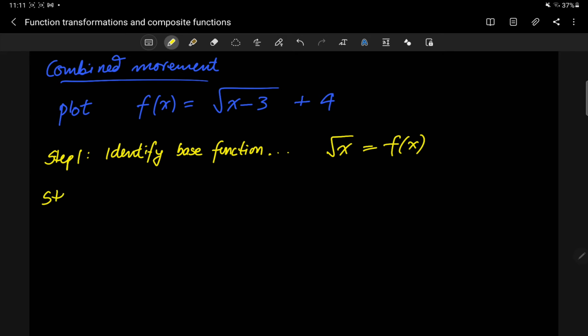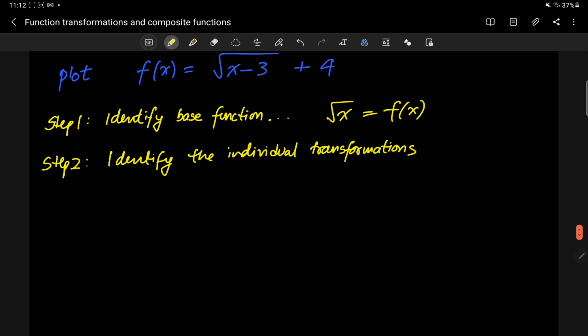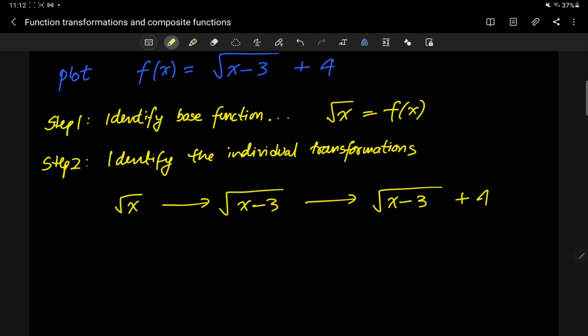Now step 2 is to identify the individual transformations, one at a time. One way to get there is you start with square root of x, then you change that to square root of (x minus 3), and then to square root of (x minus 3) plus 4.